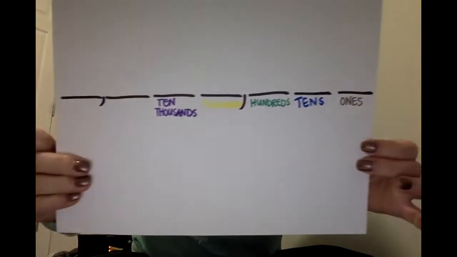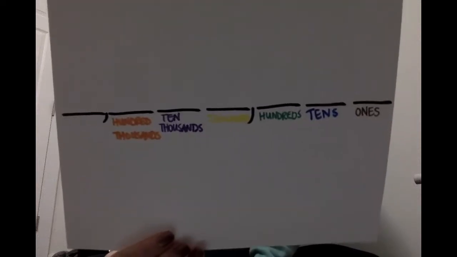And that goes right there, just like that. In front of the 10,000s place, we have the 100,000s place. Just like that, and it's in orange.